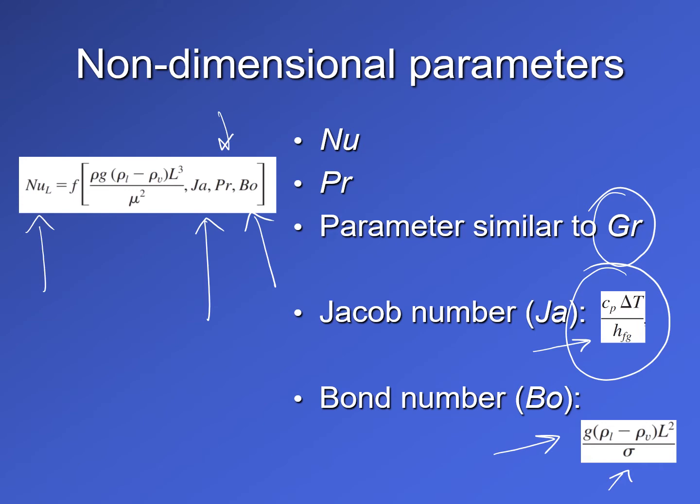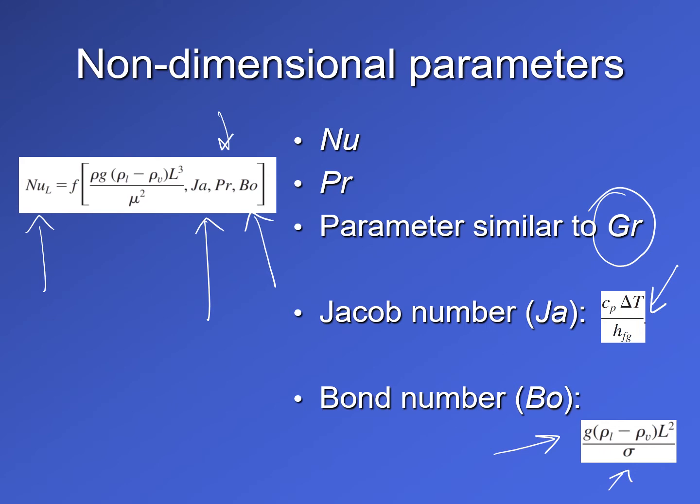Then the Jacob number, which has the effect of the supersaturated temperature, or the temperature of the solid above the saturation temperature of the liquid. So the numerator has the effect of sensible heating. So that is the temperature increase, the maximum temperature increase that can occur, because you can't heat a liquid beyond the solid plate temperature, T surface.